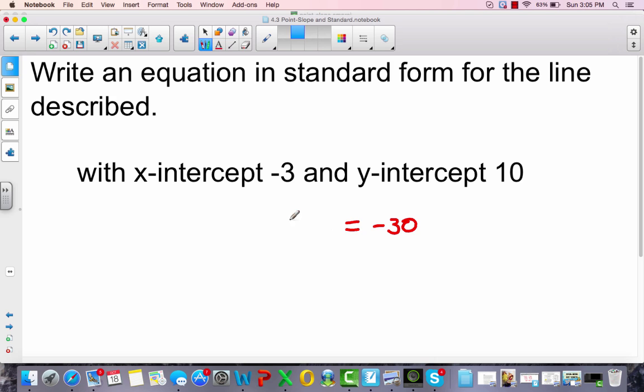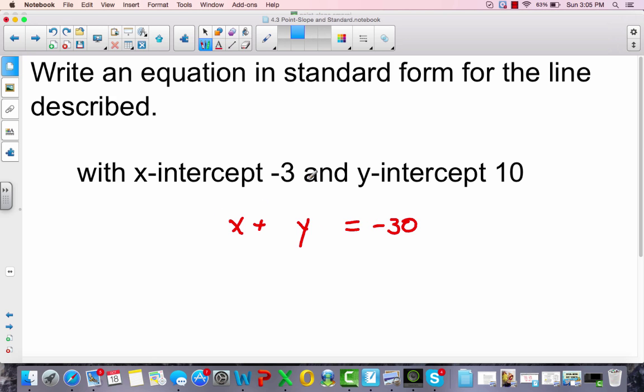All right? Now, you're going to have an x and you're going to have a y. The key is what goes in front of them so that you can get an x-intercept of negative 3. So what can I put in front of this x so that when I divide negative 30 by it, I get negative 3? Right.